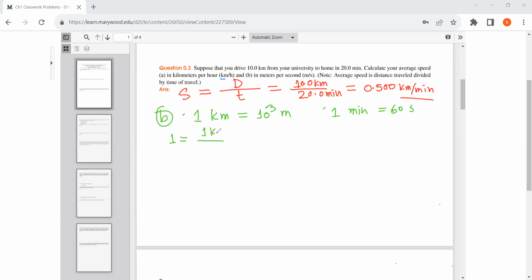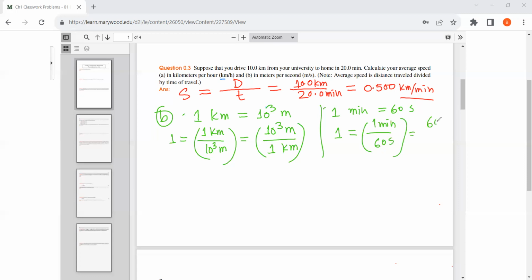So 1 kilometer over 10 to the power 3 meter, or 10 to the power 3 meter over 1 kilometer. This is one conversion unit. Another conversion unit, the fraction of 1, is this.